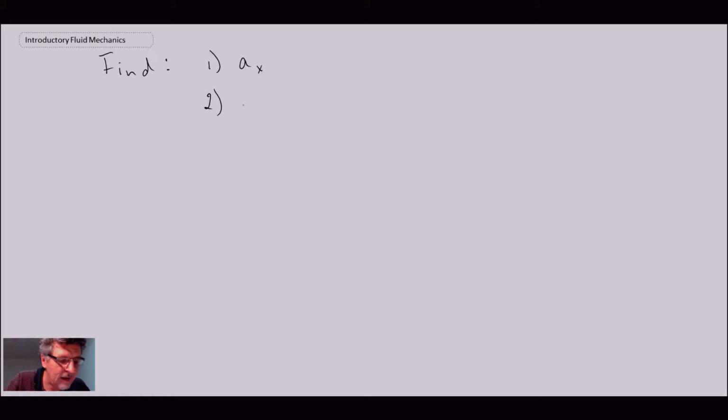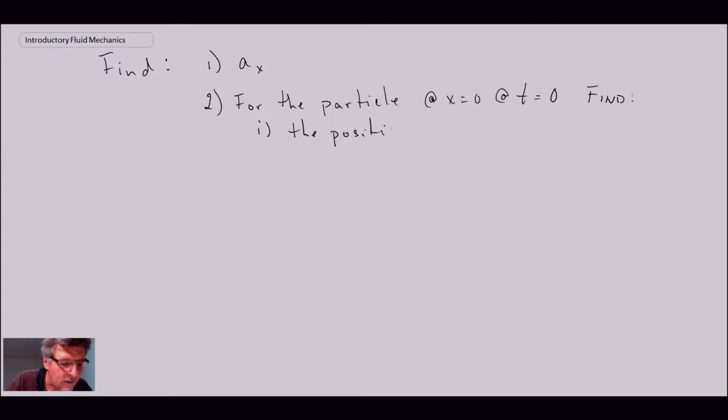The second is a particle formulation: considering a particle of fluid at x equals 0 and t equals 0, find the position of the particle, which we'll call x sub p as a function of time.